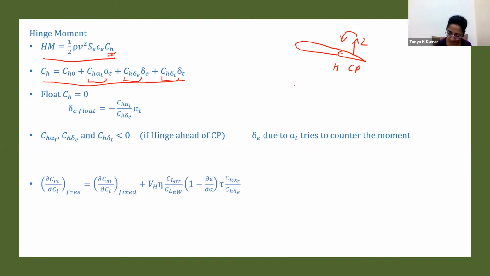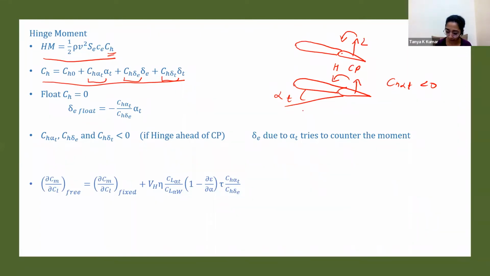Suppose your horizontal tail sees a positive angle of attack, positive change in alpha T. The lift produced at the elevator produces a nose down moment, so your CH alpha tail will be negative.